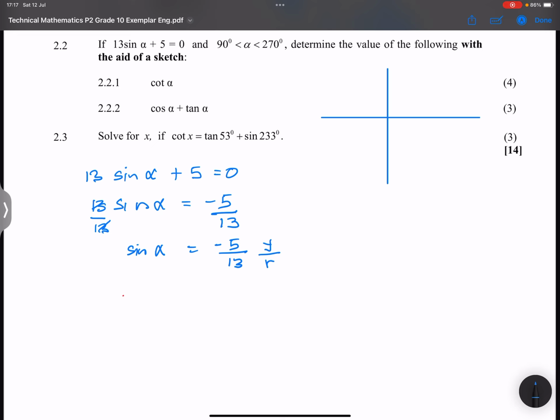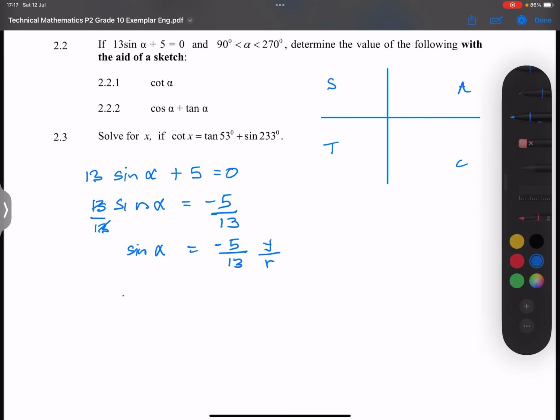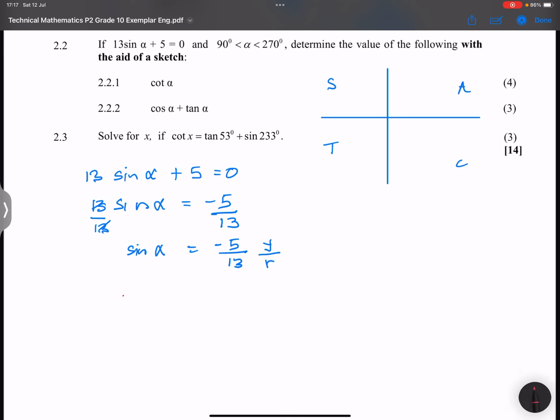So firstly, we've got our CAST diagram, okay? In our CAST diagram, where is sine negative? Remember, all of them are positive in the first quadrant. Sine and its inverse are positive in the second. Tan and its inverse are positive in the third, and cosine and its inverse are positive in the fourth quadrant.